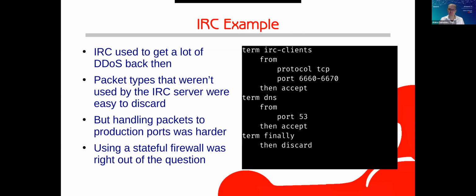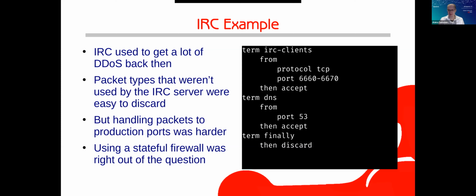We started to develop this rule set piece by piece. The easiest thing is that we can just accept everything that is actually needed by the IRC server to function, and then discard everything else.